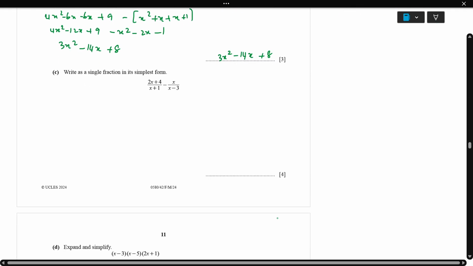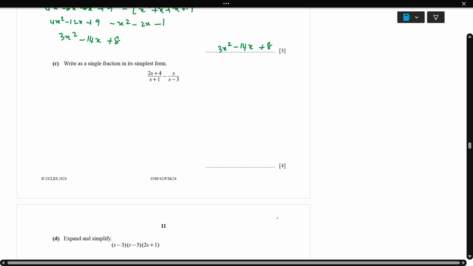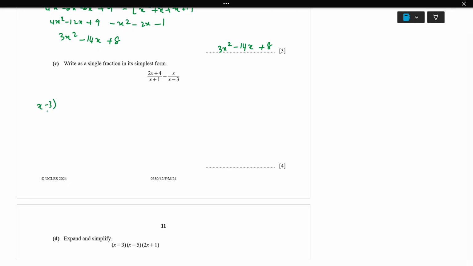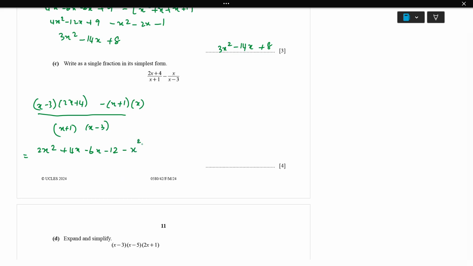The next question, write as a single fraction in its simplest form. First we'll take the LCM, which is x minus 3 into 2x plus 4, minus x plus 1 into x, over x plus 1 into x minus 3. I'll expand the numerator: 2x square plus 4x minus 6x minus 12, minus x into x square, then minus x.